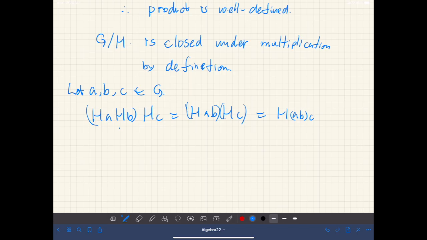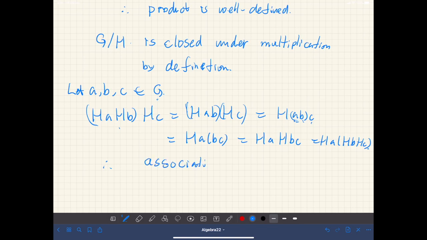Okay, but since G is a group, this product between its elements is associative. So A(BC), but this is equal to HA times H(BC), which is equal to HA times HB times HC. Therefore, it's associative. The multiplication is associative.